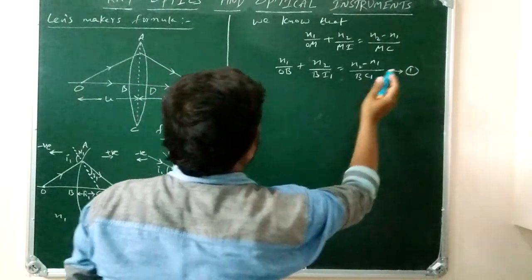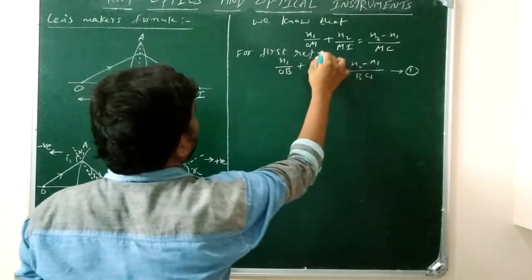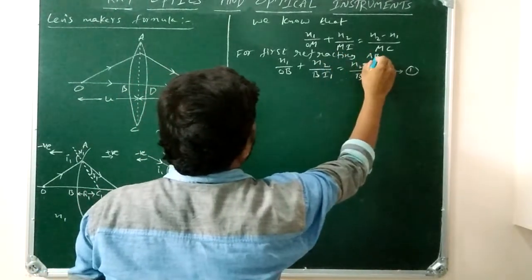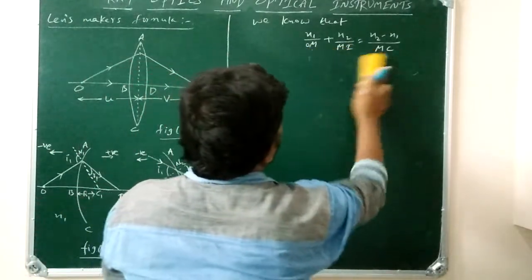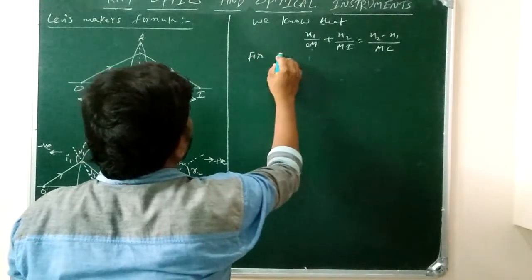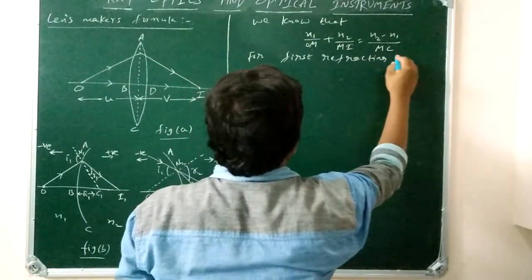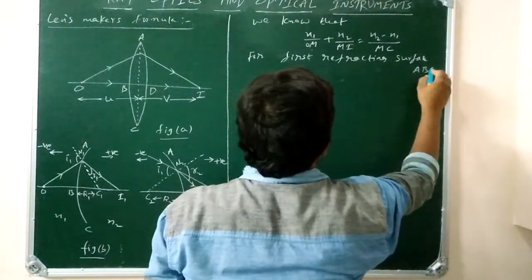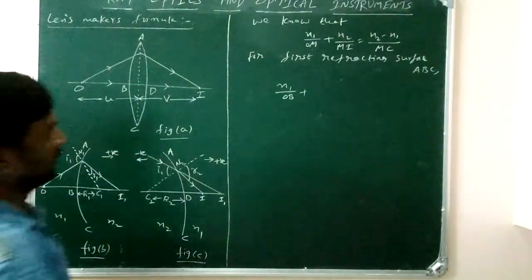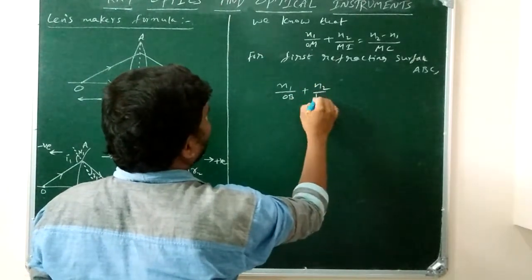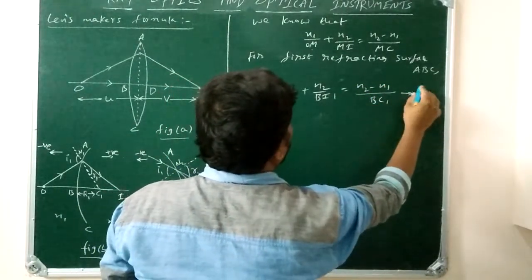For the first refracting surface ABC, we apply this relation. That will be the first equation.